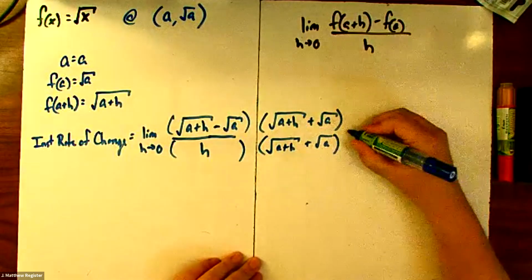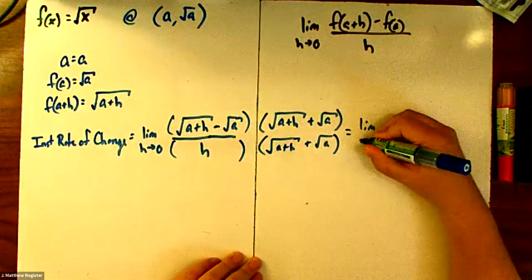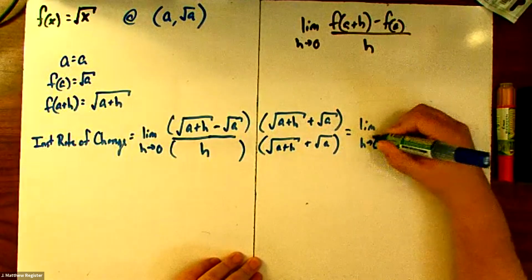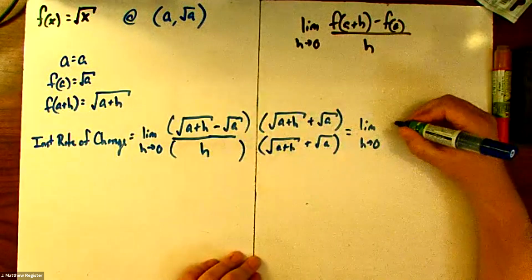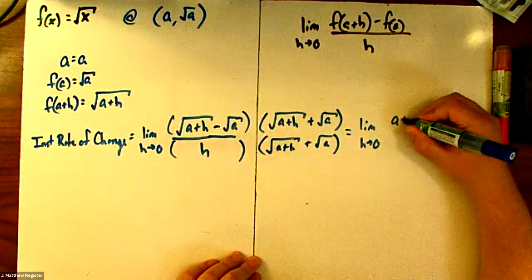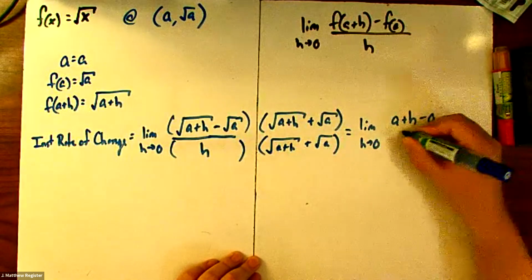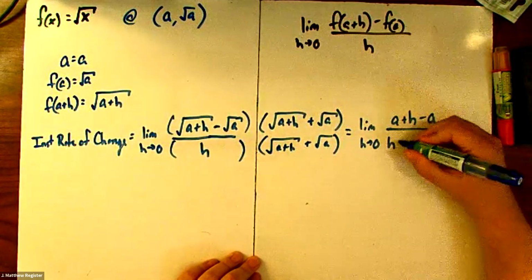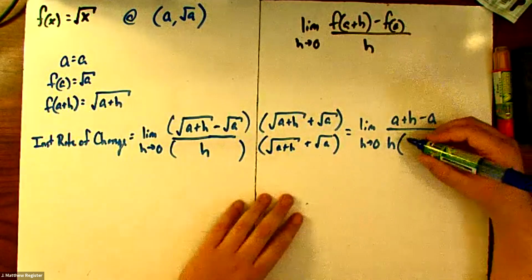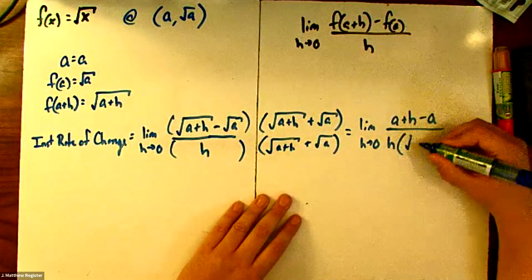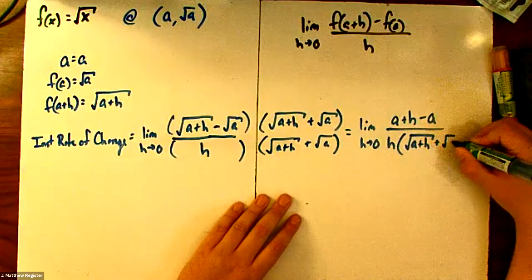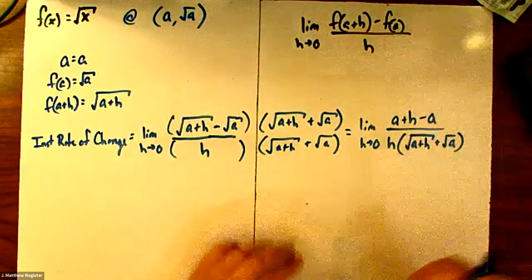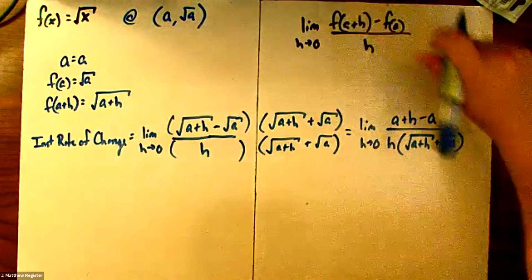Cleaning up the top, we still have our limit as h goes to 0. We are going to get a plus h minus a. On the bottom, again, we'll keep it grouped. We'll have h, and then we'll have the square root of a plus h plus square root of a.